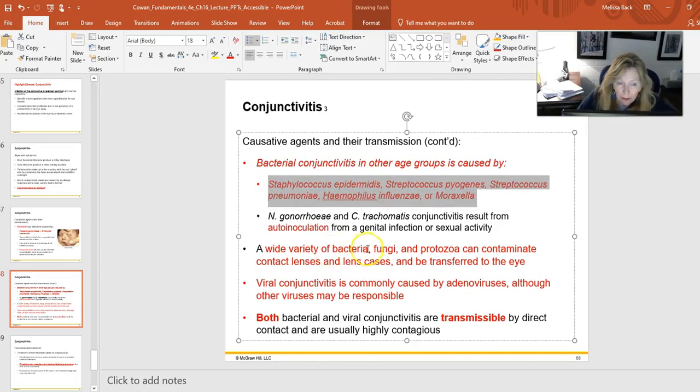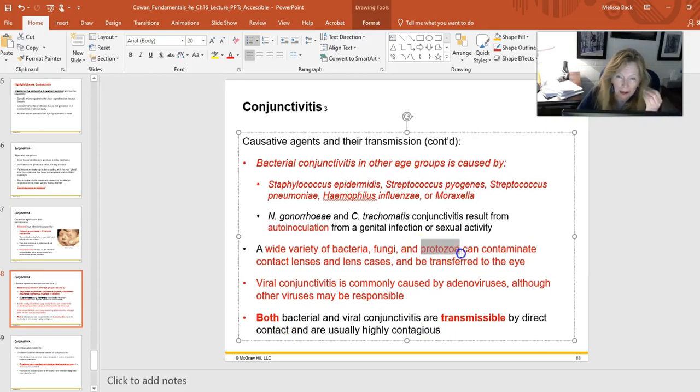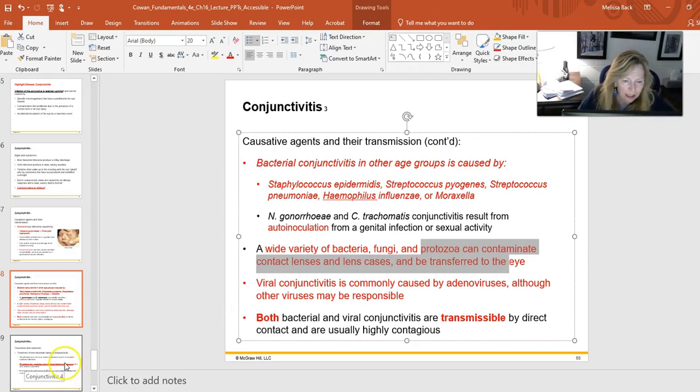There can be fungal, it can even be protozoal. When we think about protozoal, we're usually thinking about Acanthamoeba, which is an amoeba that we see when people have contact lenses. And they can, from just contaminating their contact lens because Acanthamoeba is in tap water, or not treating them as often as they could, can be transferred to the eye, and fungi can as well.